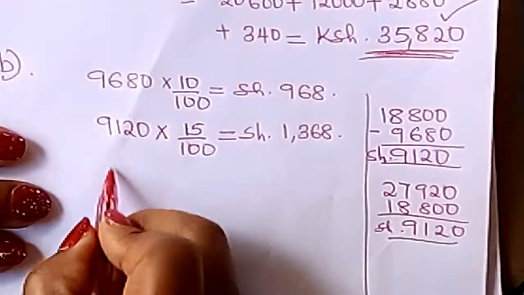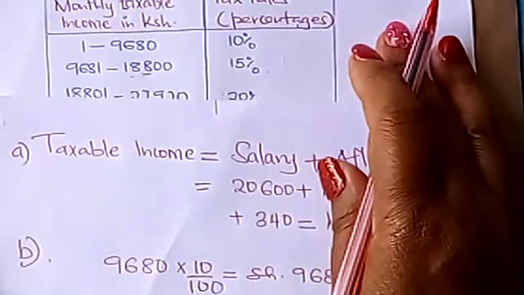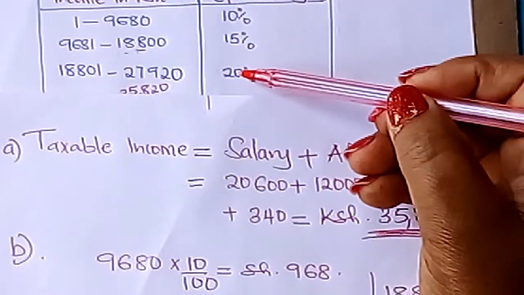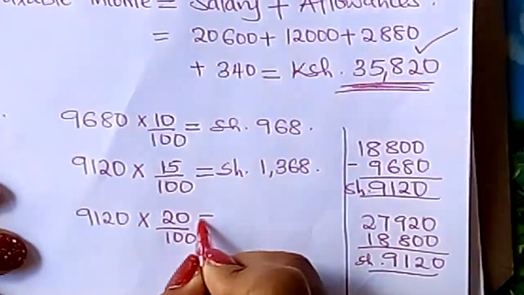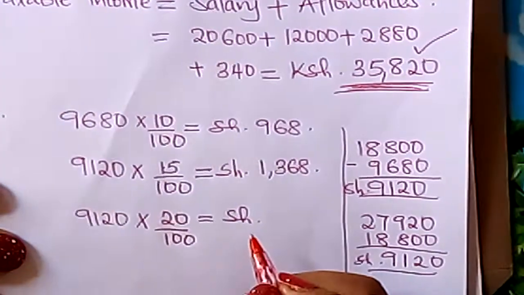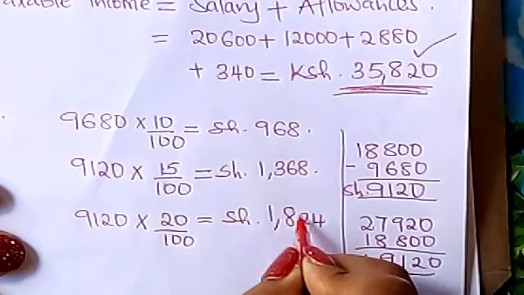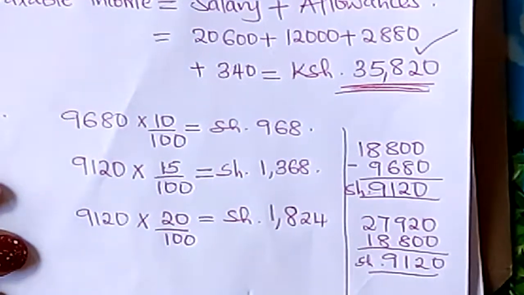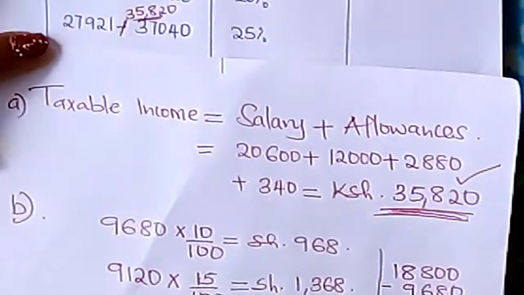So the third band carries that, and it is taxed at 20%. You work that out, learner, and you should get 1,824.